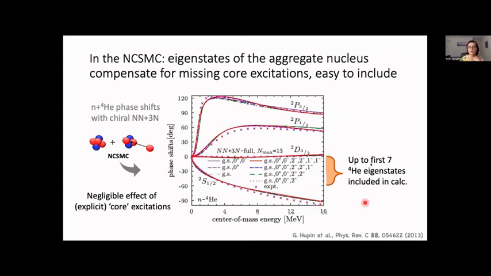So you can see again the convergence that I showed earlier, but in this case it's really clear that there is no dependence. And so of course this makes life much easier. And this was a very nice work that was done by Guillaume back in the days when he was in Livermore.